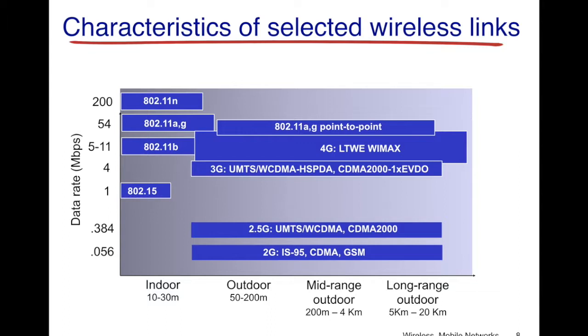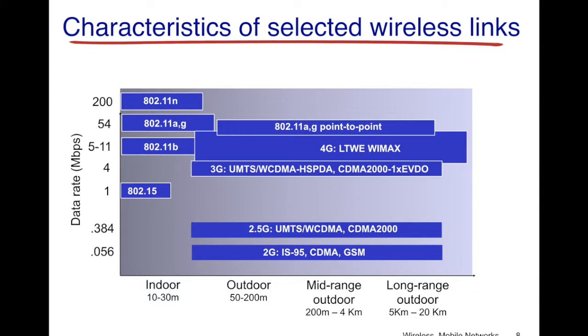Down below is 802.15. That is typically your Bluetooth technology. As you know, if you've used Bluetooth, the data rate can be pretty slow, and the typical data rate you get using Bluetooth is usually less than 1 megabit per second. The other technologies mentioned here are the cellular technologies.